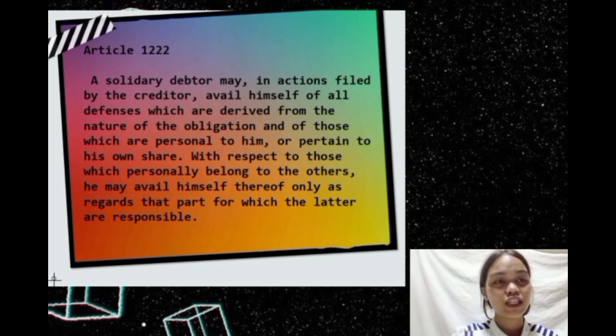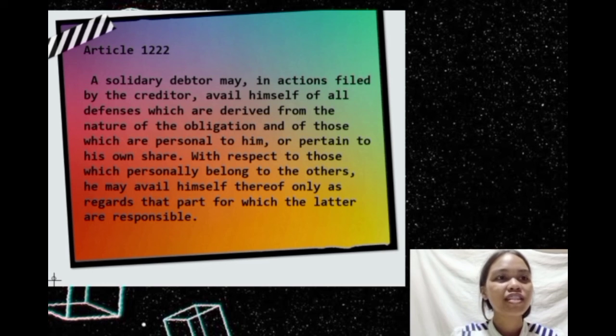So, in Article 1222, defenses available to a solidary debtor. In actions filed by the creditor, a solidary debtor may avail himself of the following defenses.